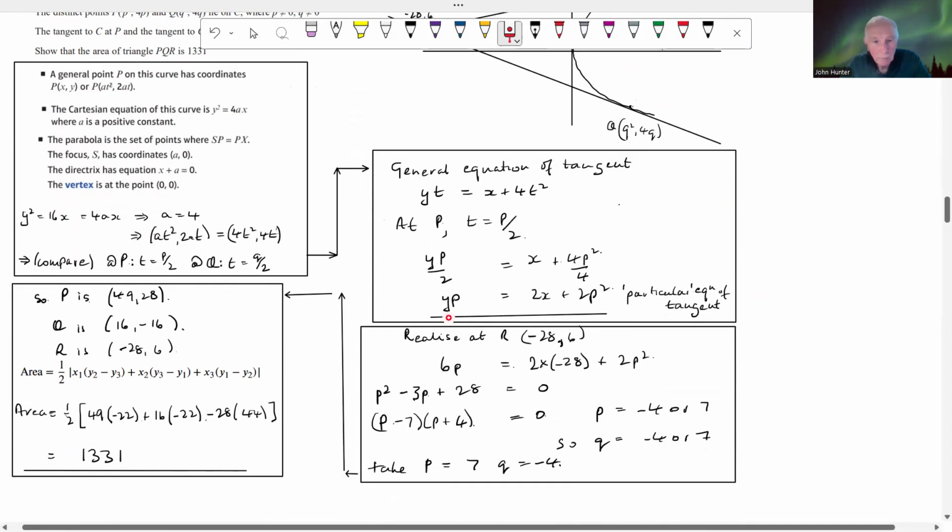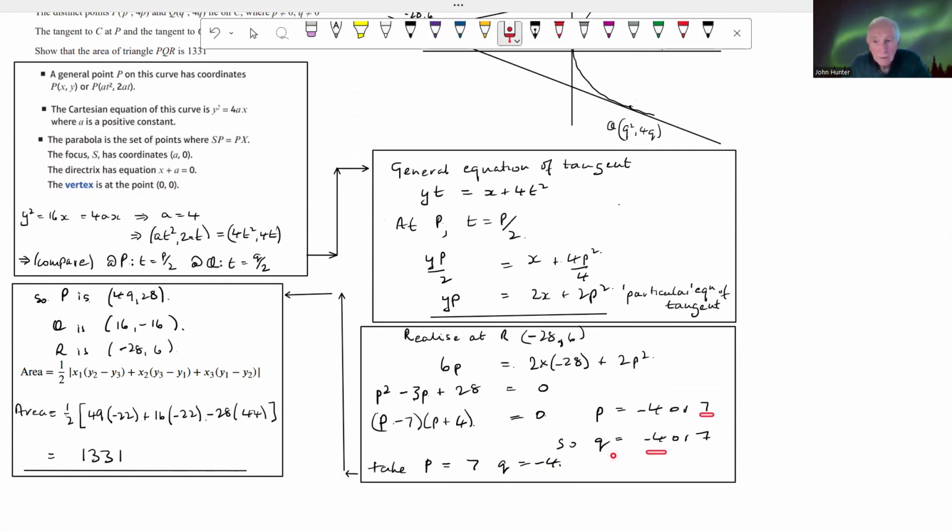Anyway, we've got our value of p and our value of q, and if we use those values back in the equation of the line, we can work out that P is going to be the point 49, 28. Q is that, and R is what we're given.